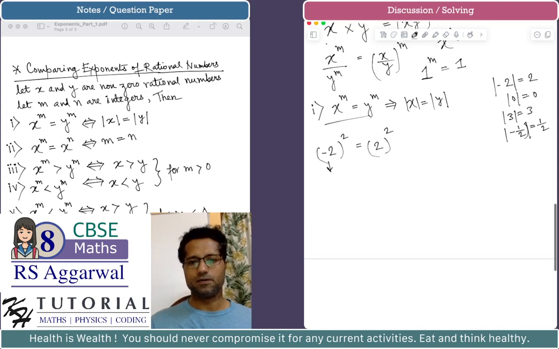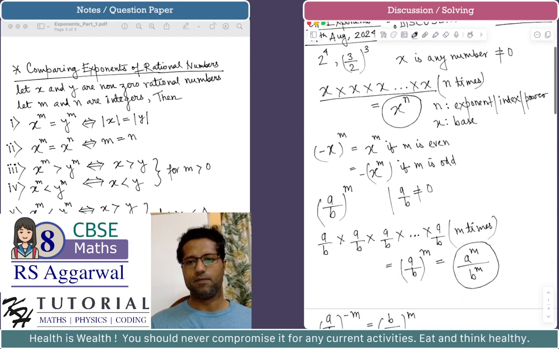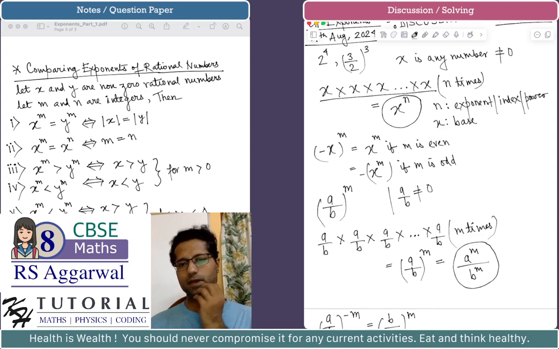Earlier I discussed at the very beginning that any non-zero number x, if x is a positive number, then -x is a negative number. So -x raised to the power m, where m is an integer, will be equal to x to the power m if m is even, and it will be negative of x to the power m if m is odd.